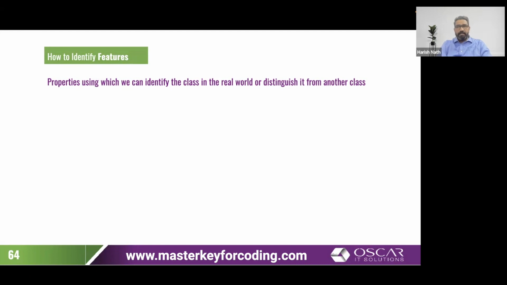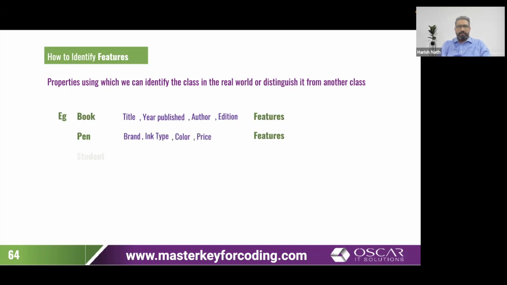Same thing, if it's a magazine, I know what the features of a magazine are. I pick up a mobile, I know what features it has. Then those all become our data members. Fine. So book, features: title, year of publication, author, edition. Pen, features will be brand, ink type, color of the pen, price. Student, features: name, grade, email, phone.